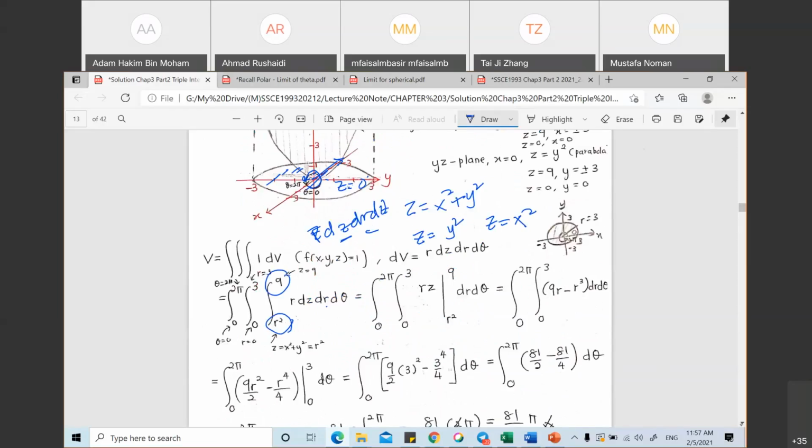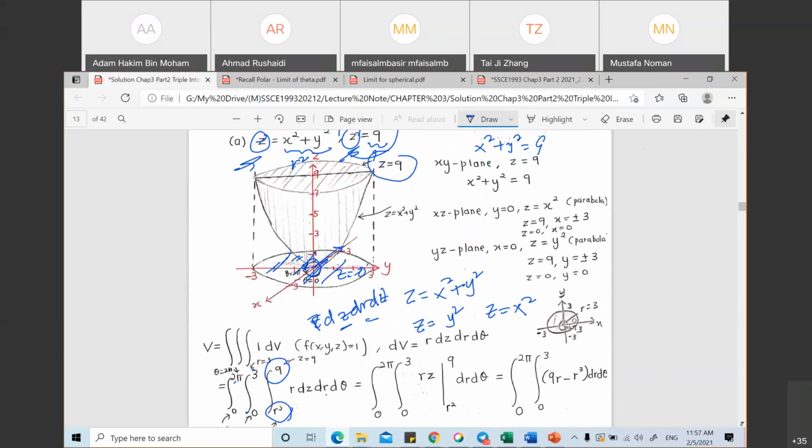Your r is 0 to 3 and θ is 0 to 2 pi because of this circle. Okay. Also, if you cut here, also you get a circle. But it must follow the xy plane. So xy plane turns into r dr dθ, same as dA. Okay. For the z, it is r squared to 9 because it is given in the question.